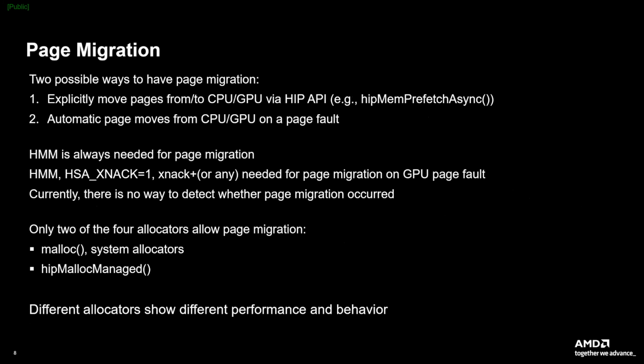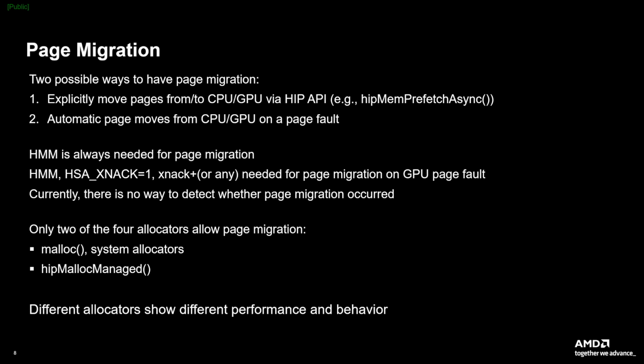So you can still explicitly move pages from the CPU to the GPU. You can use the prefetch async call, or you can have this automatic page movement of memory from the CPU to the GPU and back. You have to have support in the hardware and in the operating system, and you have to have the proper flags set.